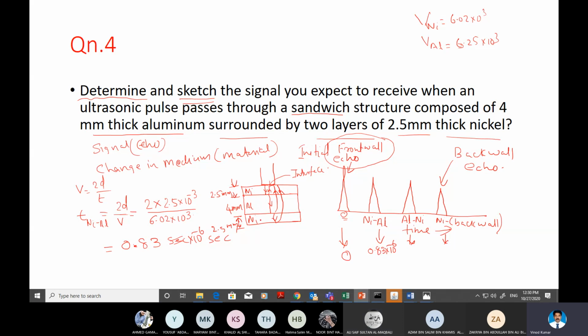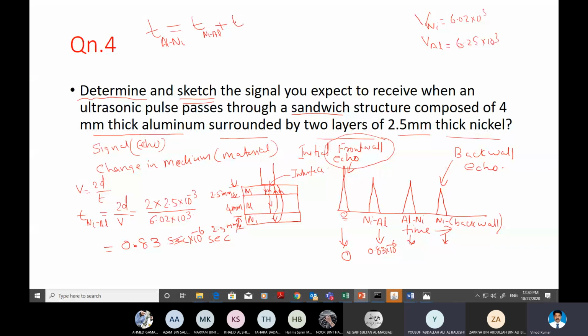So, the aluminium nickel interface, correct? So I will write the time required for the aluminium nickel interface equal to velocity. First step, I will write the time required for nickel plus aluminium.